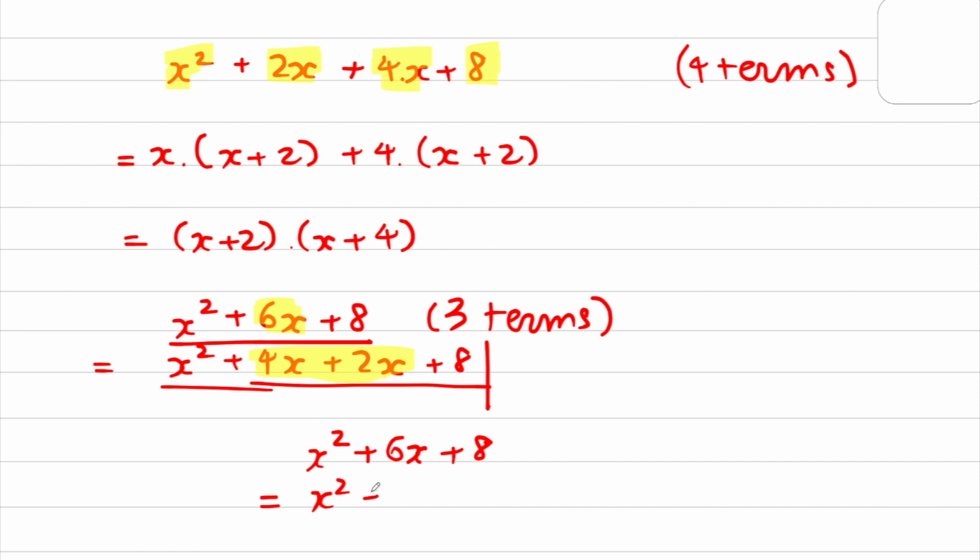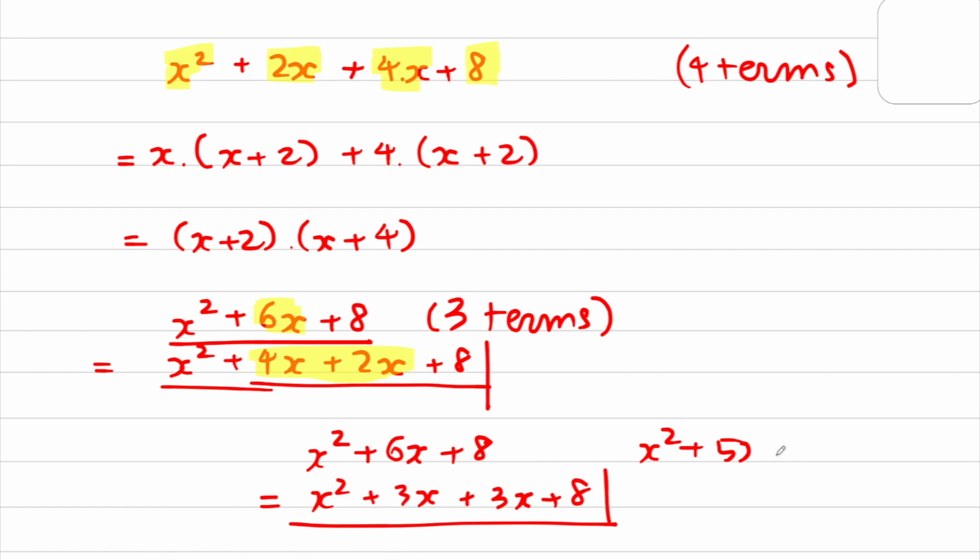Because if you separate 6x into 3x plus 3x plus 8 here, that is impossible to factorize. The other example is 5x plus x plus 8, which is also impossible to factorize. You can see that 6x is also equal to 5x plus x there.